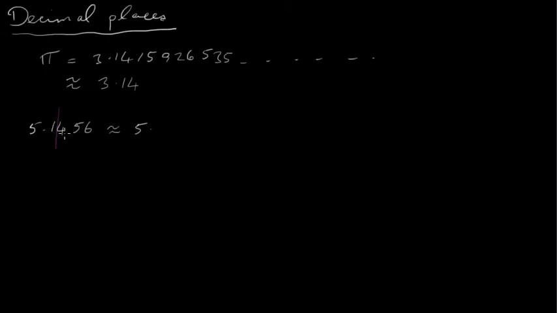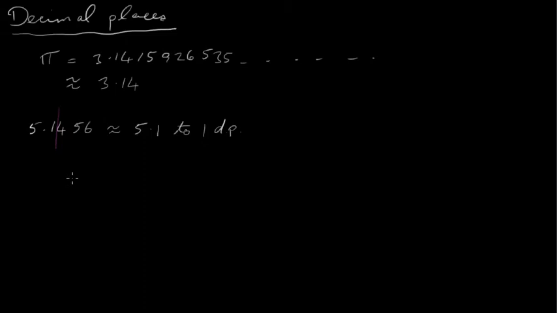If this number on this side of the line is a 5, 6, 7, 8 or 9, this would round up to 2, 5.2. Since this is a 4, this remains as it is, so we just say 5.1456 is approximately equal to 5.1, and that is to 1 decimal place.